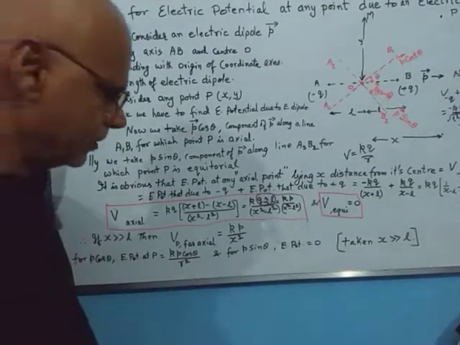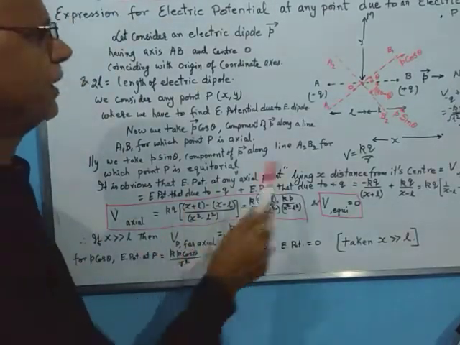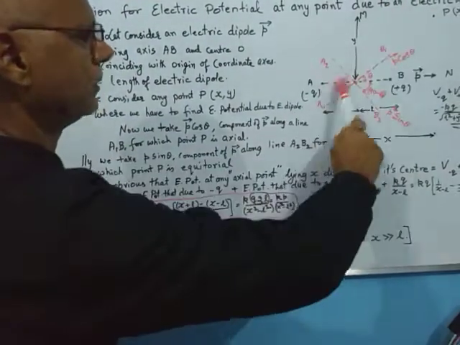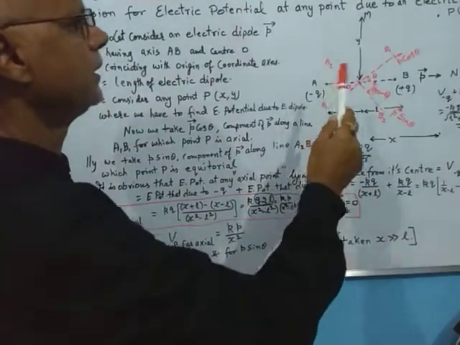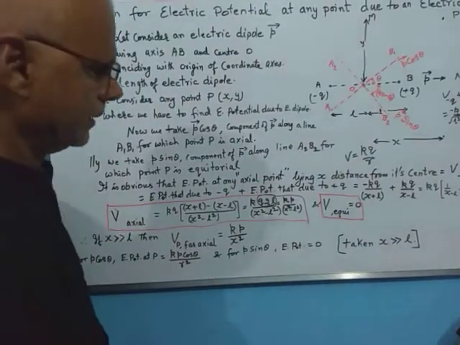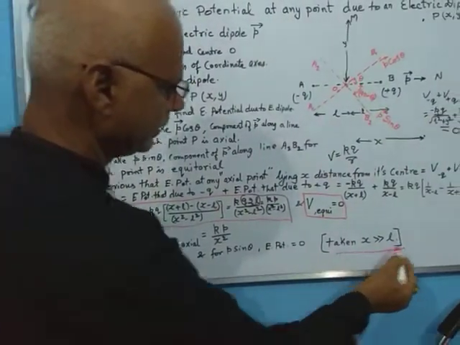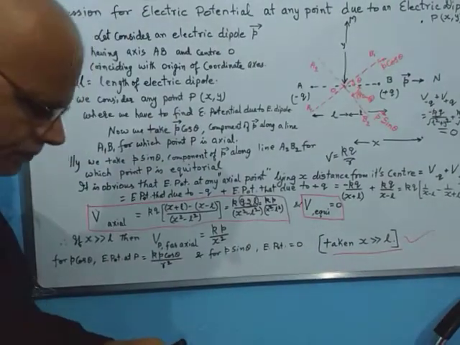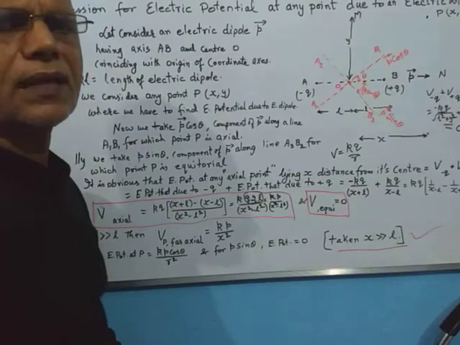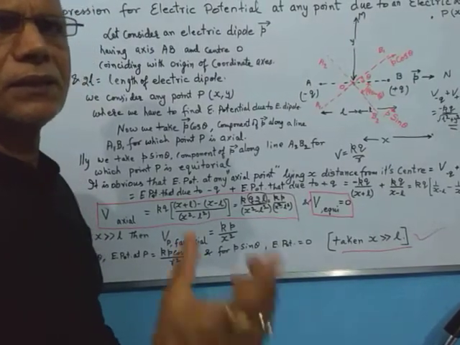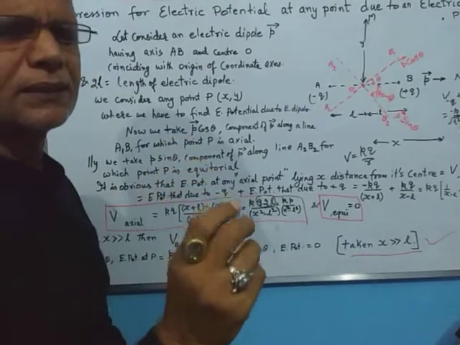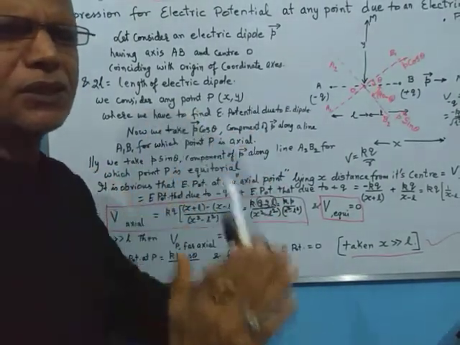I believe that it is quite clear to you now. So when we want to find the electric potential at any point due to an electric dipole, the point of course lies at a large distance as compared to the length of the dipole, and usually this is always true, because a dipole is defined as two large point charges separated by a minimal distance.